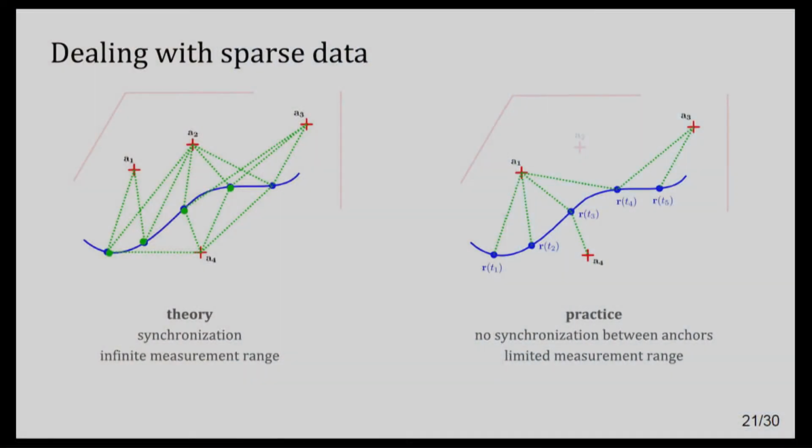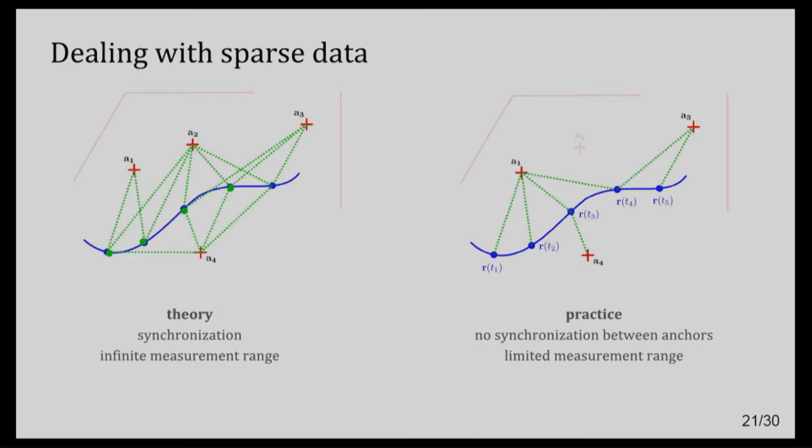So to visualize this a bit clearer, hopefully. In the theory that we are most familiar with, quite often you have a lot of distance measurements, or at least enough for your reconstruction to be well defined for each point. And then you could independently reconstruct each point using these measurements.